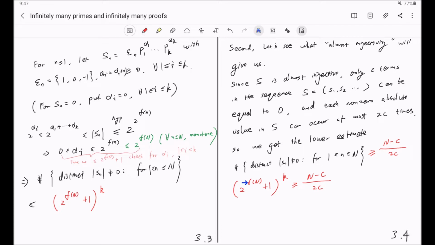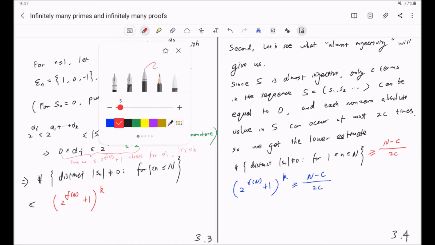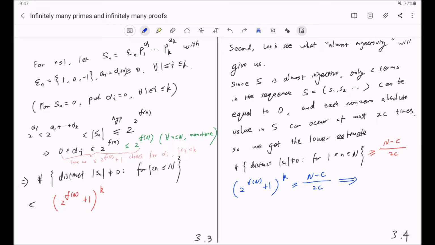And the next thing you want to do is take the logarithm of both sides. So say you take log base 2 of both sides, because this is the power of 2.